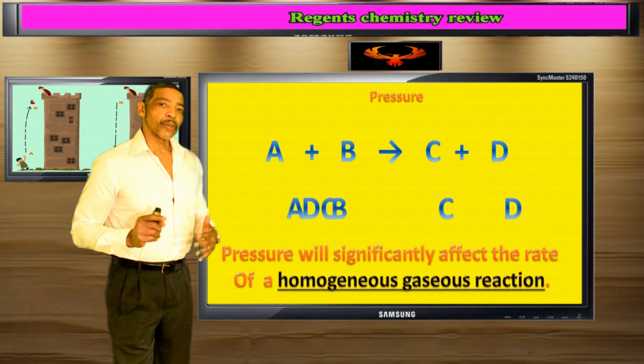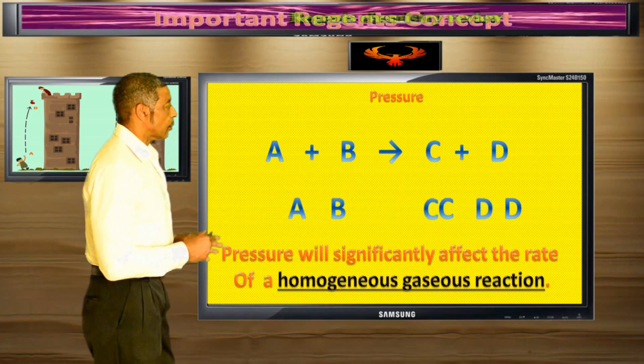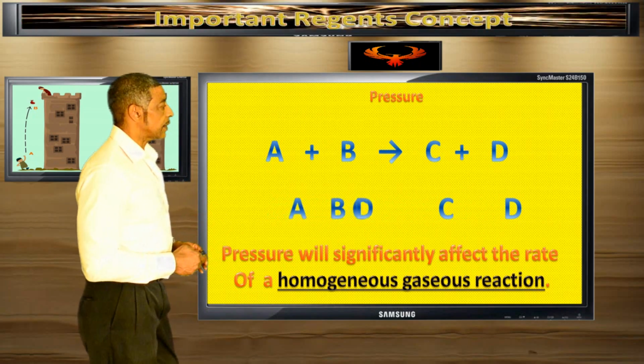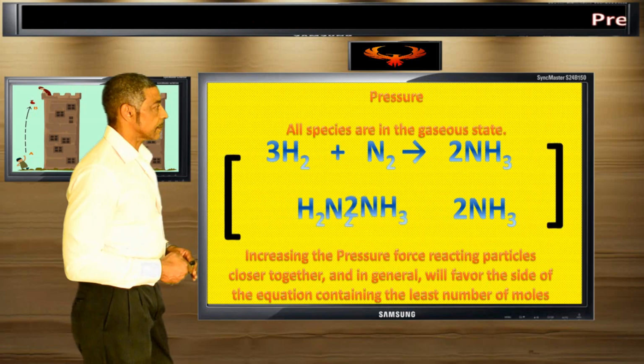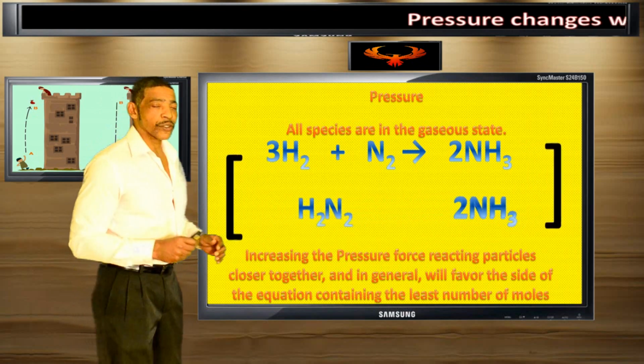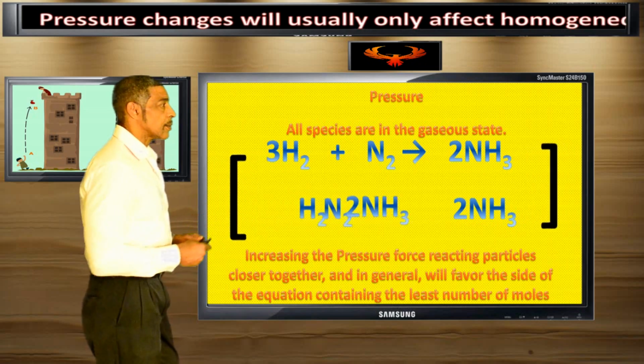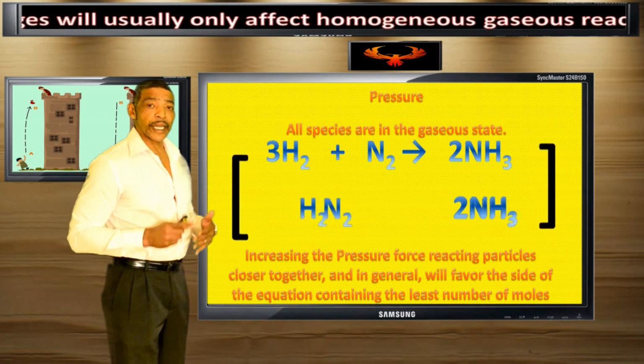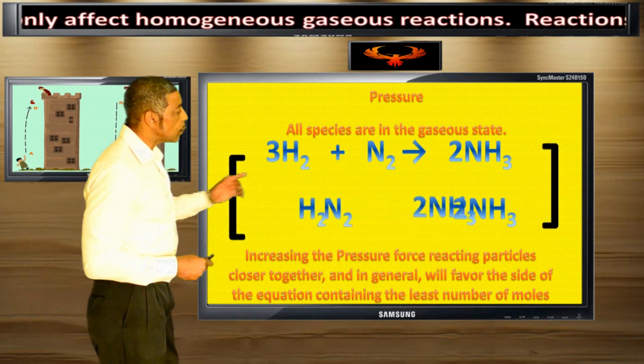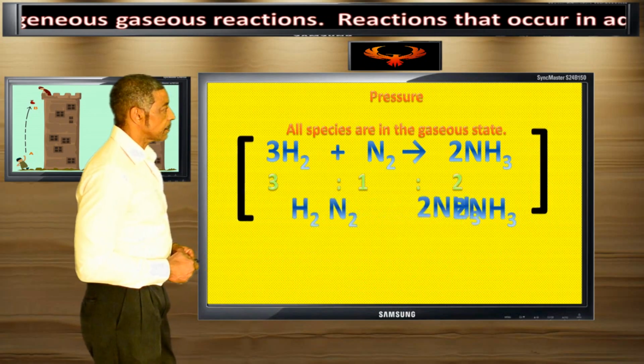Pressure. Pressure will significantly affect the rate of a homogeneous gaseous system. Increasing the pressure forces the reacting particles closer together, and in general will favor the side of the reaction that has the fewest number of moles.